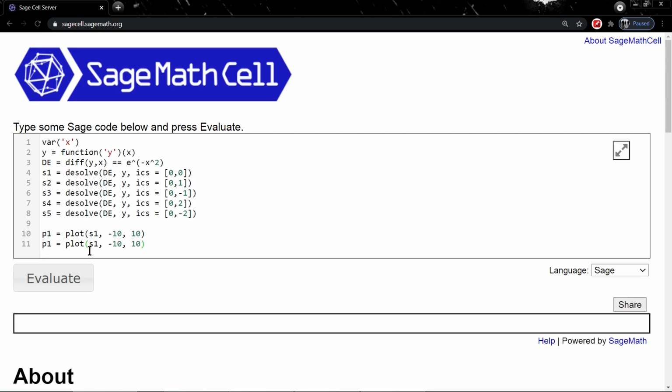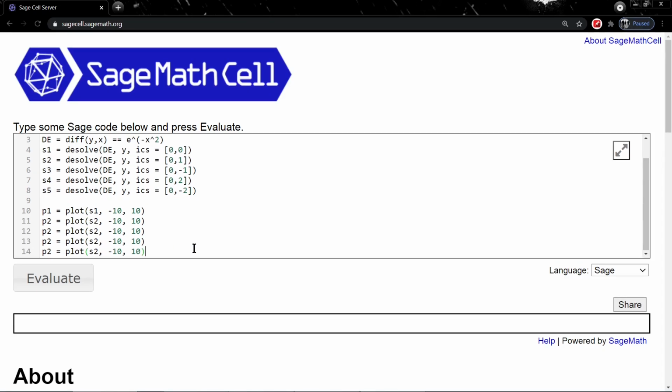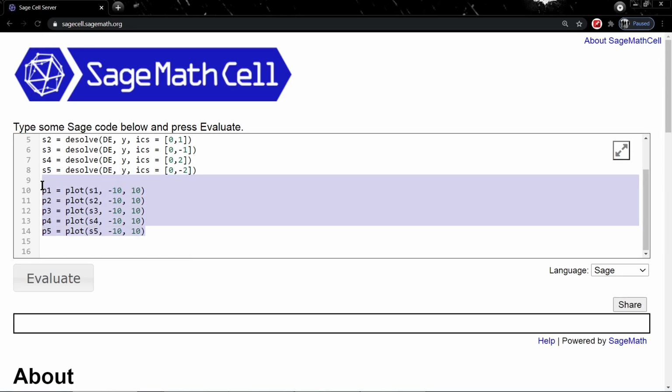We can copy and paste for the second one, and P2 will plot the S2 solution, that is this one, for initial condition 0, 1 and so on. We are going to paste it 5 times and write P3, P4, P5, S3, S4 and S5. Now these P1 to P5 variables hold the graphs or the plots of the solutions.